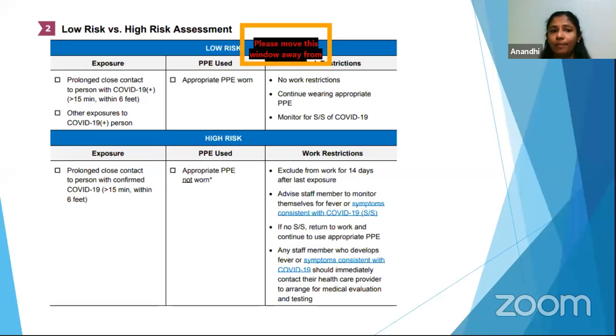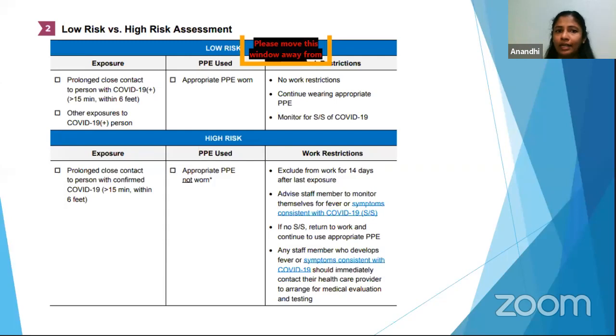But high risk is people who didn't follow instructions and who are not using the PPE as it needs to be used. If they didn't follow the instructions, then of course, they stay home, they don't come to work for 14 days. That's the reason why I had so many issues with staff members, so I really wanted to get the test in the office.